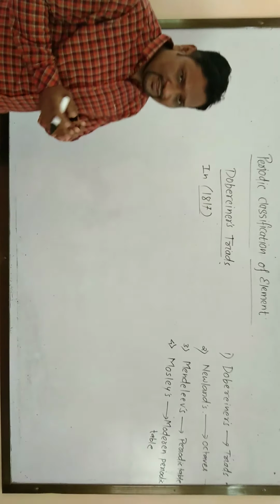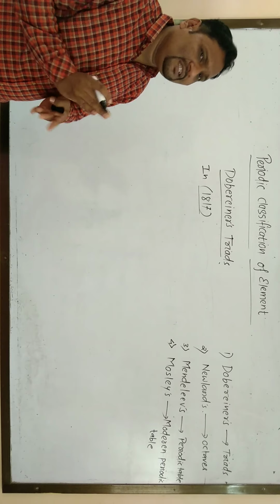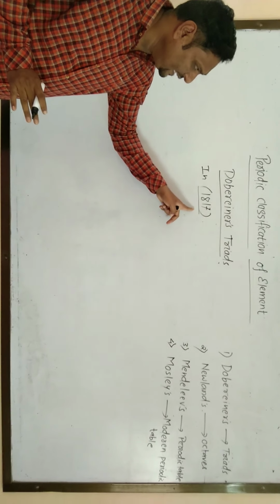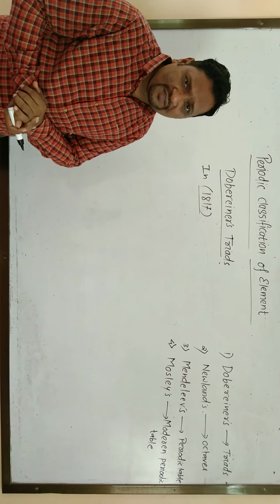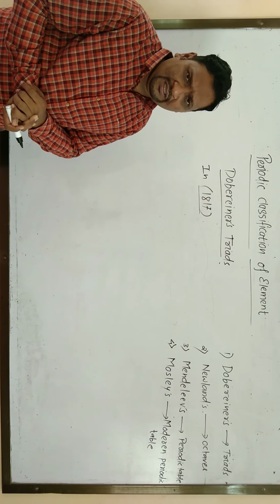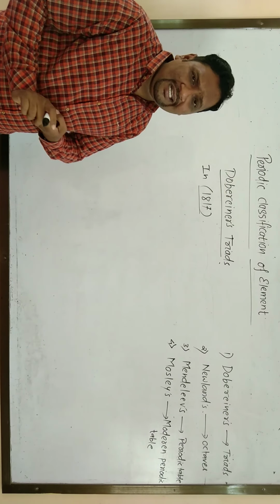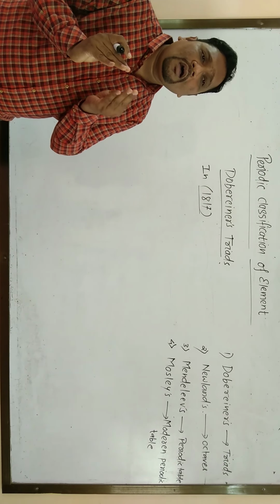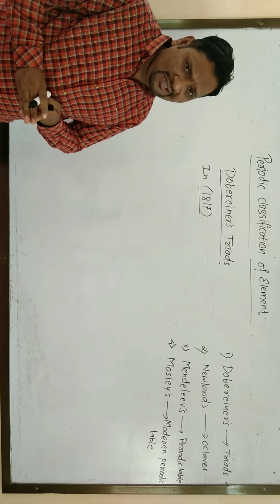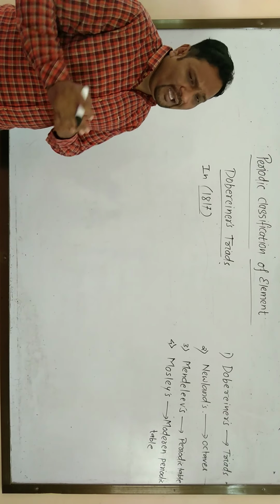What did he suggest? In 1817, John Wolfgang Döbereiner put forth the classification system, and he suggested that there is a relation between the atomic mass of the element and the properties of the elements.